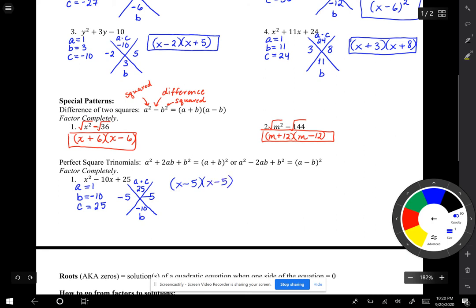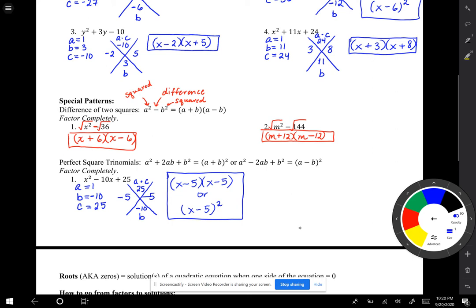That's why it's called a perfect square trinomial, because you would write it like this. You're multiplying the same thing twice, basically. That's what you're doing. So that's why it's called a perfect square trinomial.